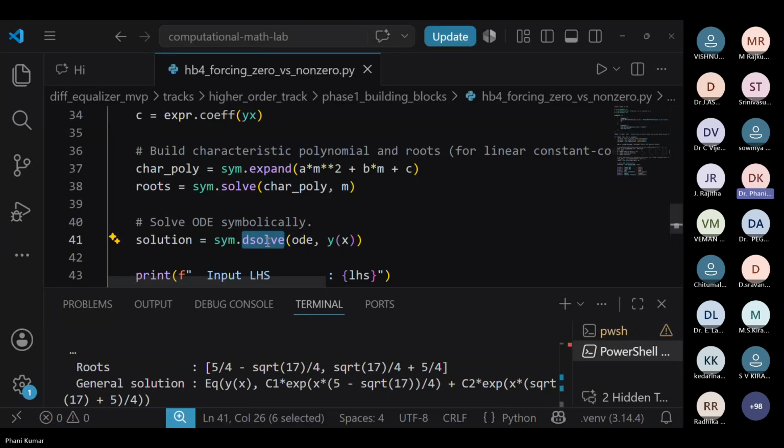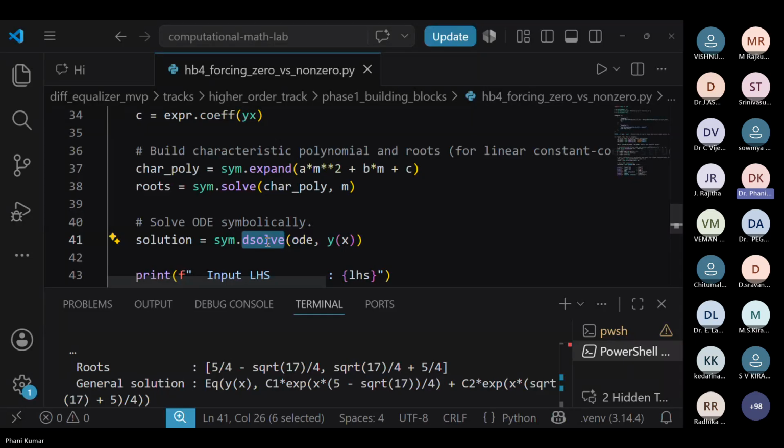This is a powerful method, dsolve. This is the method in sim. By using that one, we can get the direct solution. If you want the particular solution separately, we can do a separate program. But that is the most important.